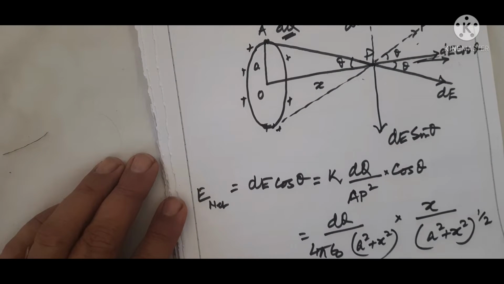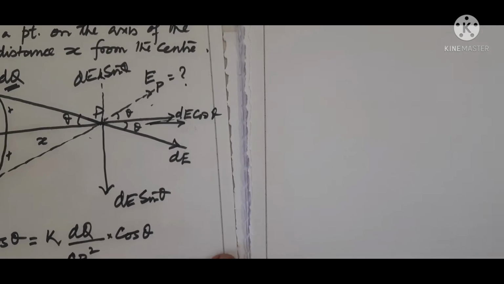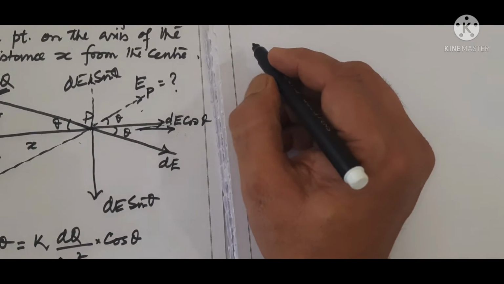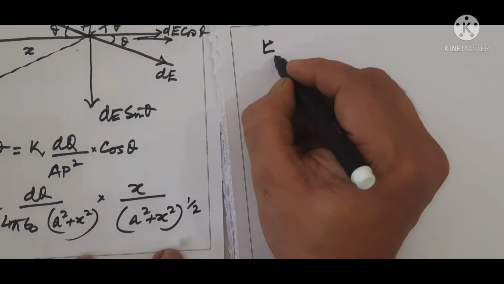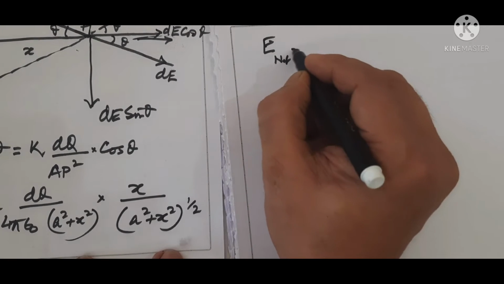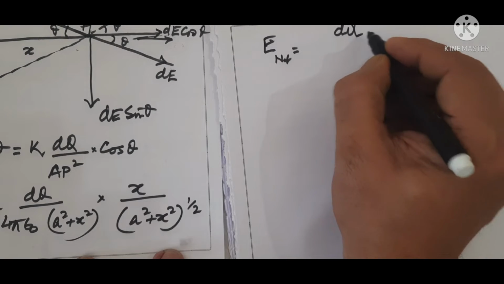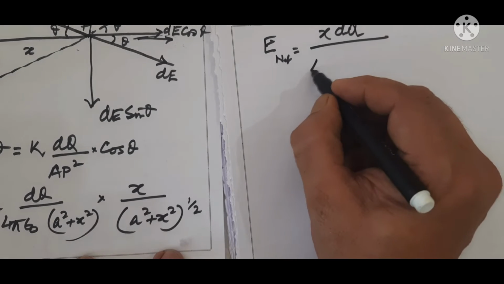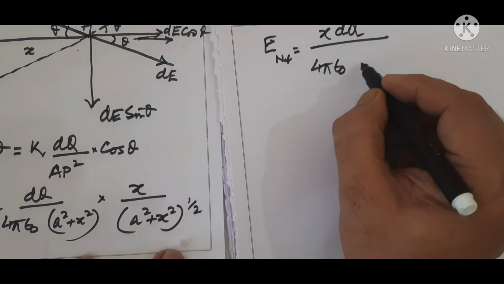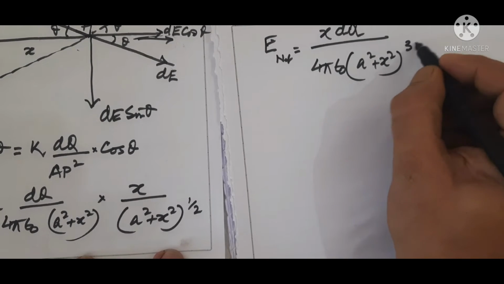Right? Clear? So it will become the power 3 by 2. So now here it is, dE is equal to dq into x by 4 pi epsilon naught, a square plus x square whole to the power 3 by 2.